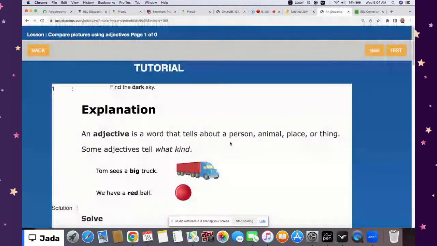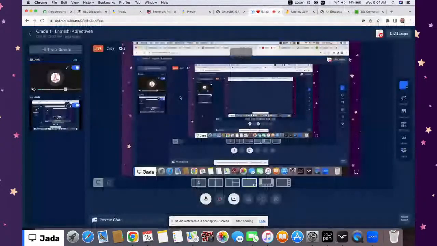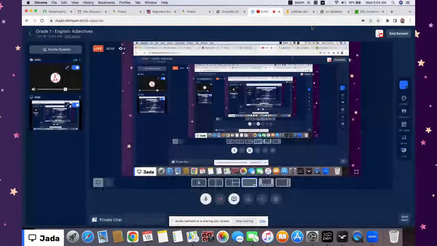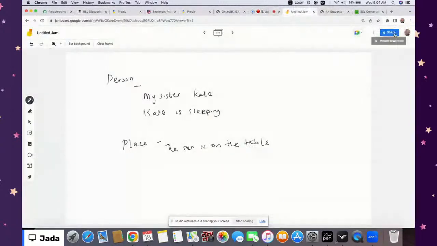Then it could tell us about animal, right? So animal, it could be like where's the cat? If it's telling us about animal, it could be telling us about a cat. Look at that cat.